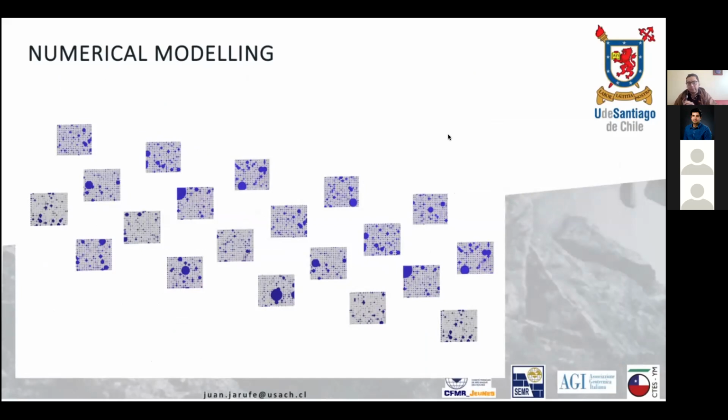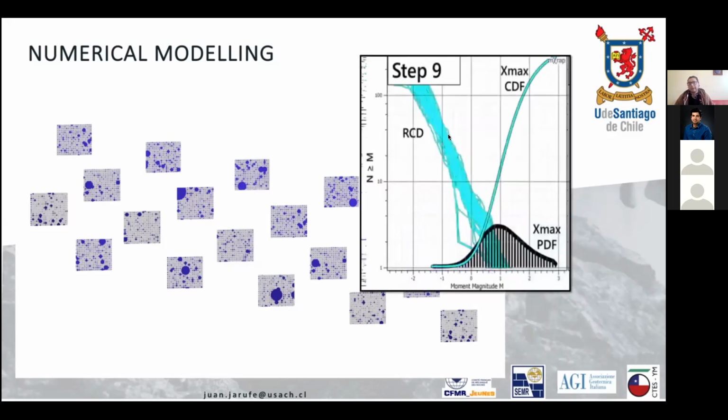I created several hundreds of fault planes, all with the same statistical model, but different realizations of the same model. So based on that, I don't have just one frequency magnitude relationship, but I get like 300 or 400 of them. And based on that, I can calculate a distribution of those values.